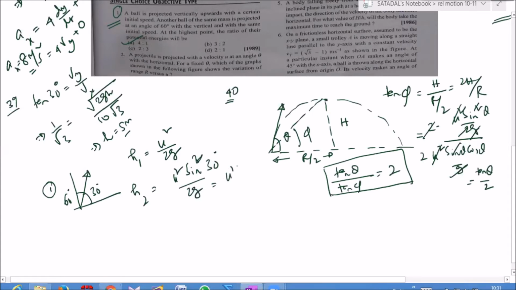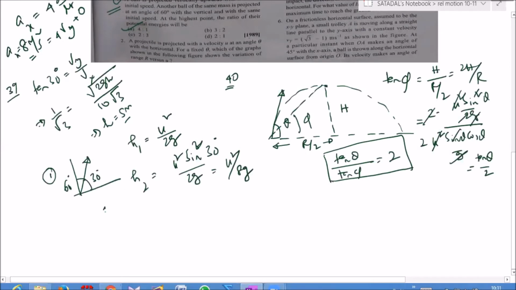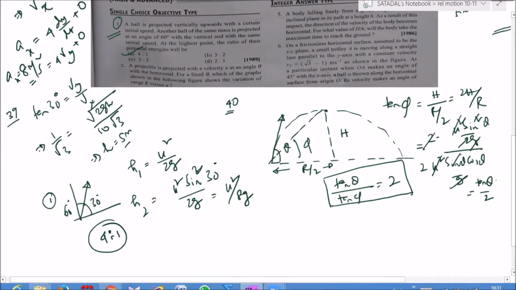So that will become U square by 8G. If you take the ratio, it will become 4:1.